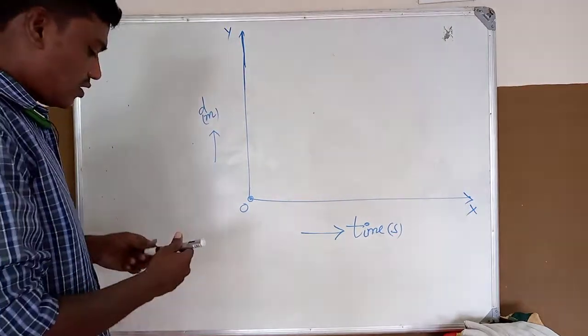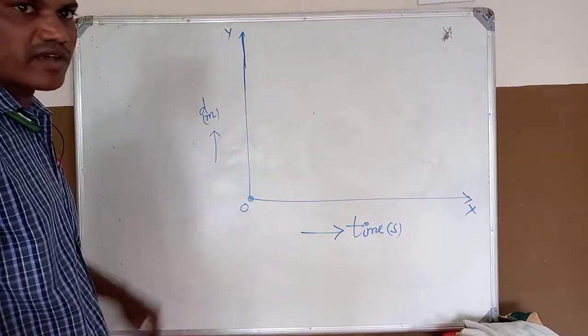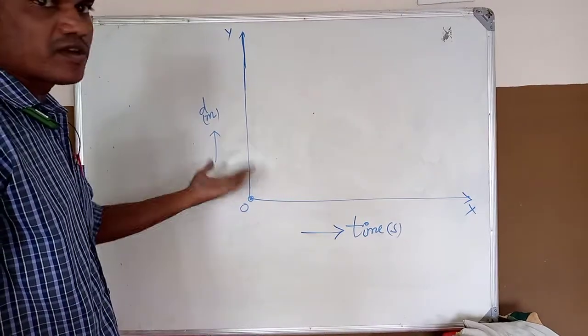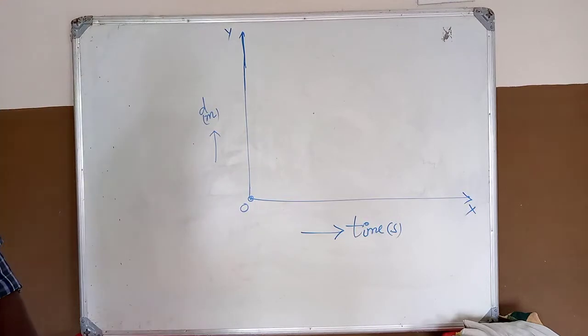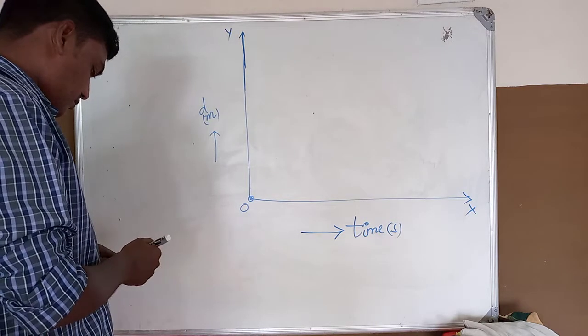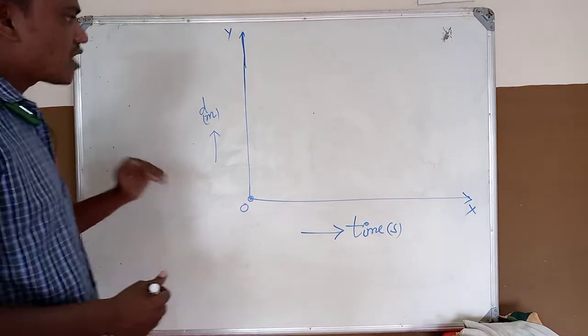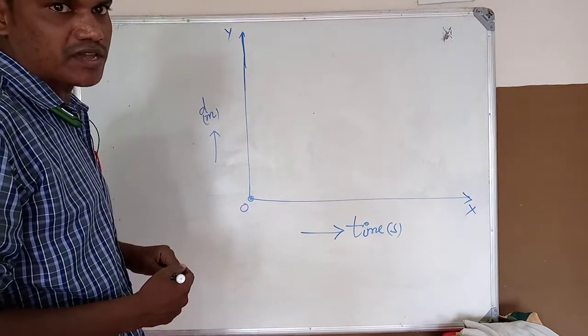Now here we observe, among the tortoise and rabbit, who ran faster initially? The rabbit will run faster. But according to the textbook, both started from the same point with a constant speed, meaning each moves with its own constant speed.